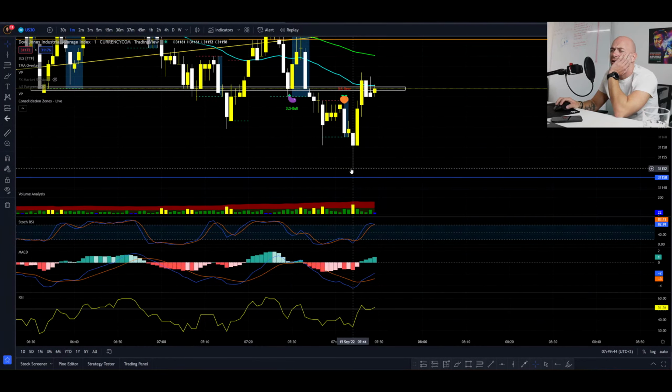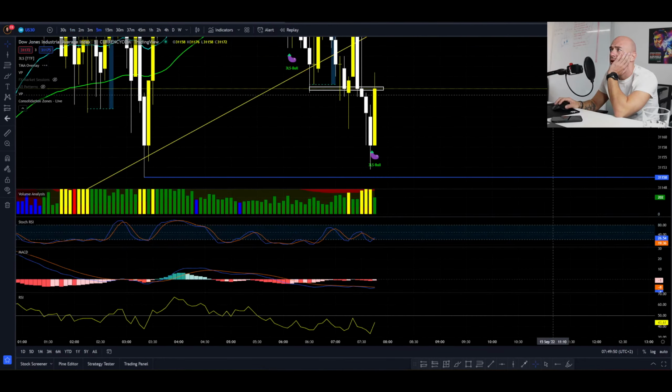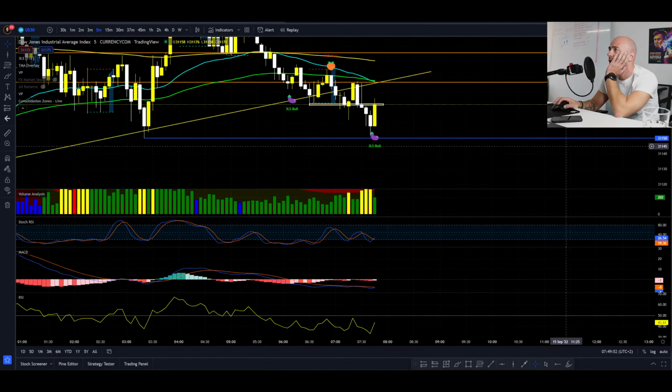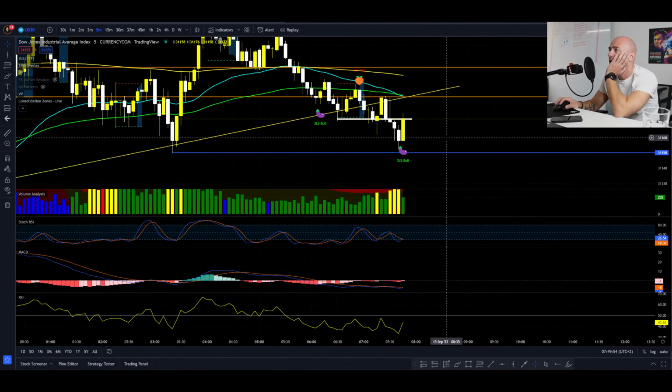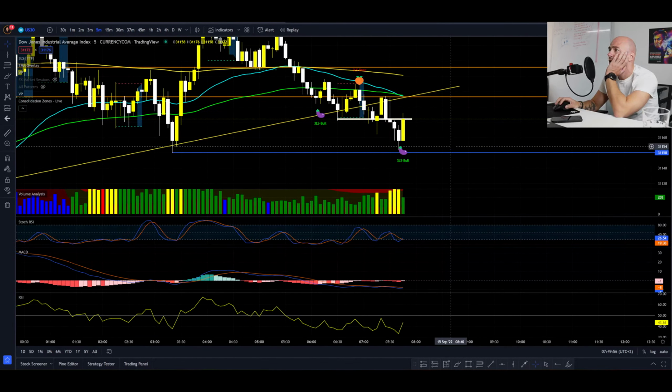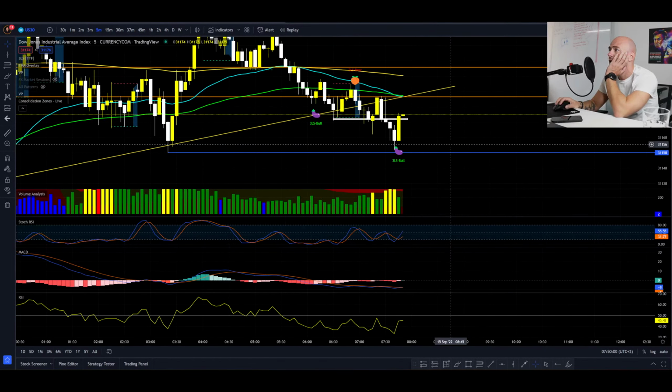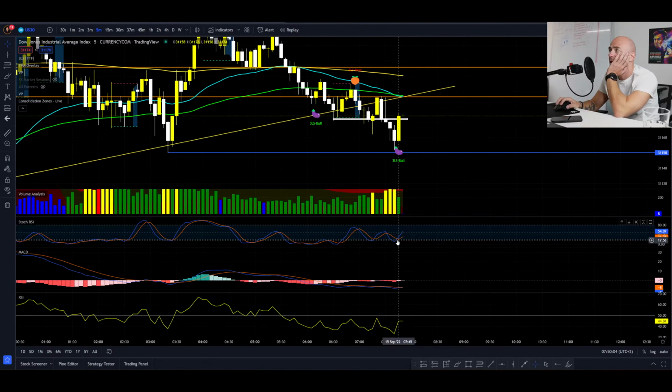Three-line strike on the 31,150 mark you did on the 5-minute on US30. Yeah. Three-line strike. Stochastic crossing up.